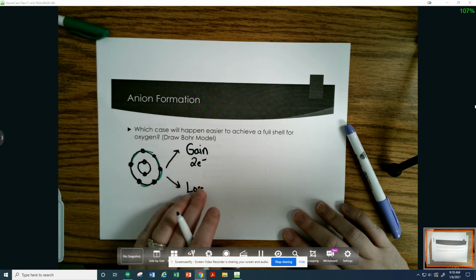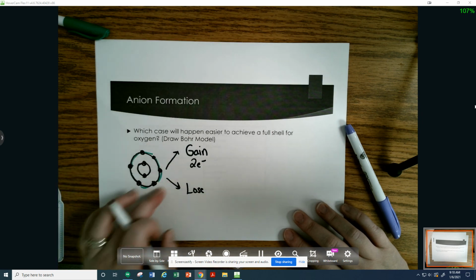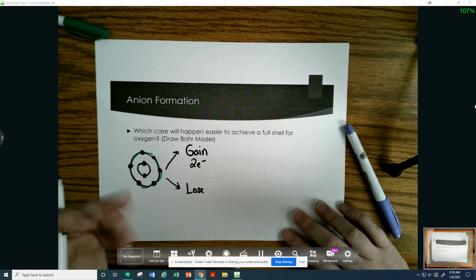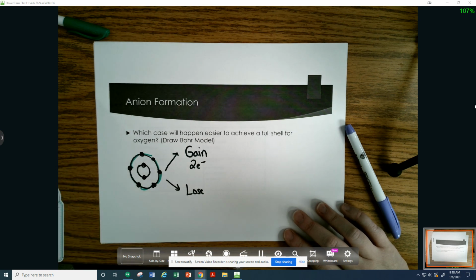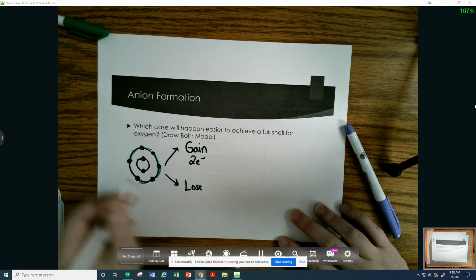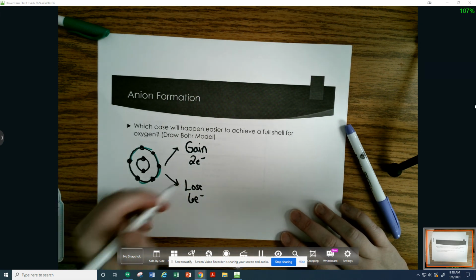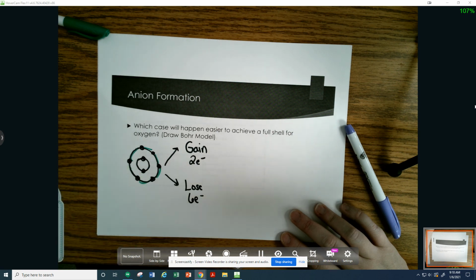On the other hand, when you lose, it's going to lose all of these valence electrons to move to the next inner energy level, to again get to an energy level that is already full. So the other option here is to lose 6 electrons. You can't just give these up. You have to find somebody, and by somebody I mean another element, to take in those electrons.